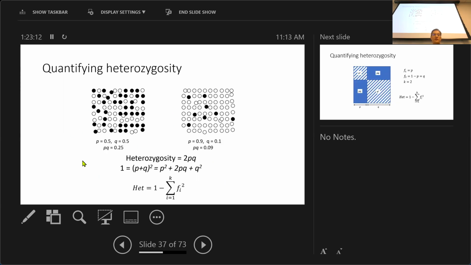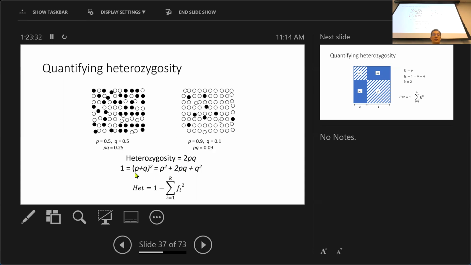Yeah, so this is the same illustration. So you use 2PQ, okay? P is one allele frequency, Q is the opposite allele frequency, to measure heterozygosity.